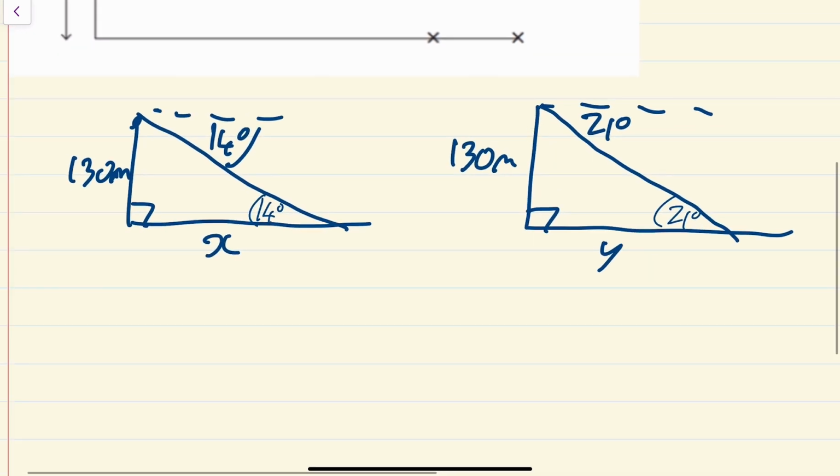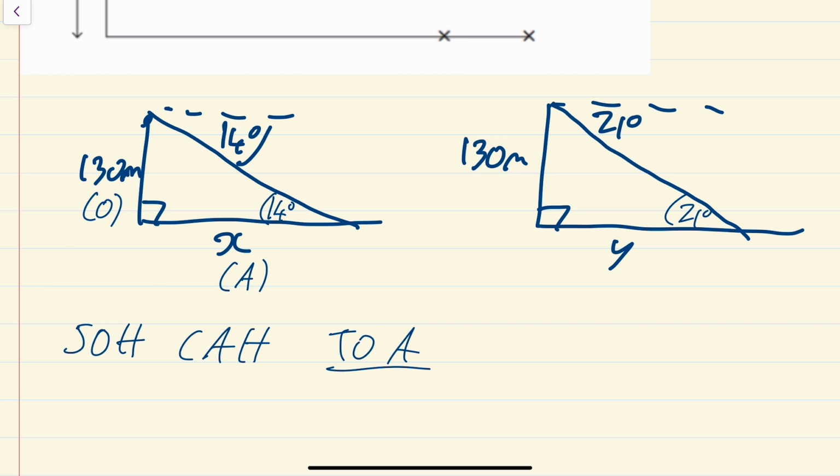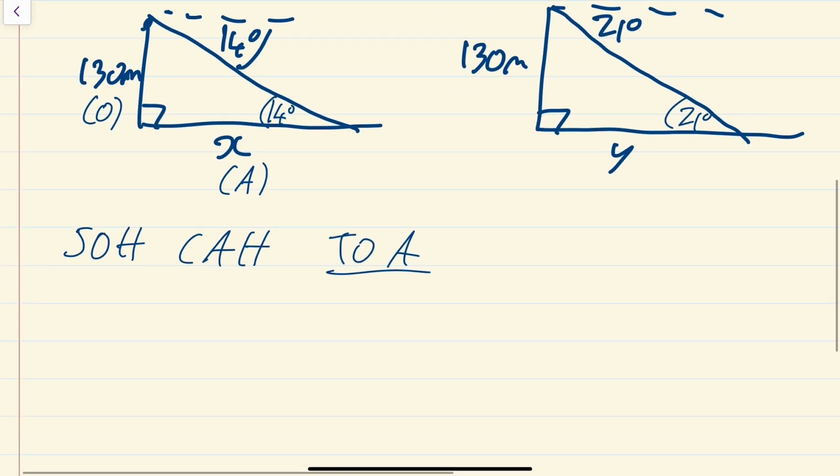So now we can look at this triangle, and it's just a little trig question. Relative to my angle of 14 degrees, I've got my opposite side, and I've got my adjacent. So using the old SOHCAHTOA, with opposite and adjacent, it's going to be a tan question. So tan theta, your angle, is equal to opposite over adjacent.